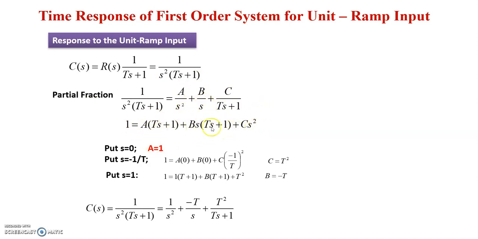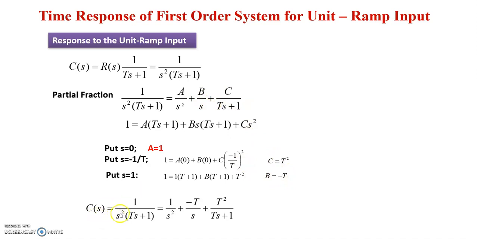Put s is equal to 0 to find the a value, put s is equal to minus 1 by tau and the c value is tau square, and put s is equal to 1, so the b value is minus tau. So you can find the a, b, c values. Substitute these a, b, c values in the partial fraction form.